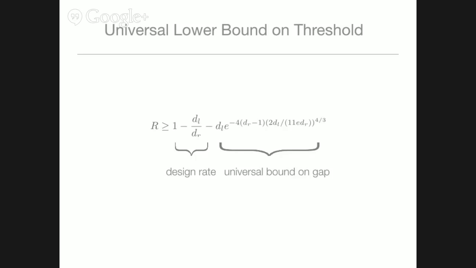But for the BSC, for example, I don't have an explicit expression of the exact threshold as a function of the degree. It's not easy to get a handle on the exact threshold, and we don't know right now how to do it.